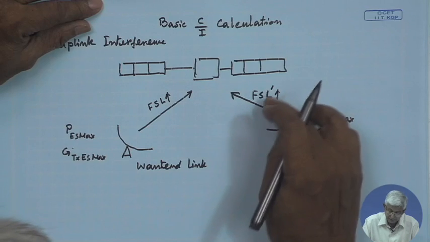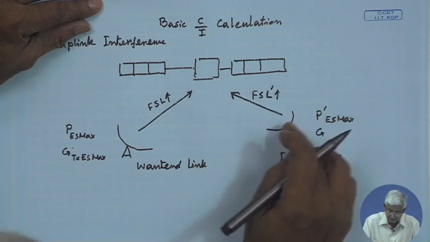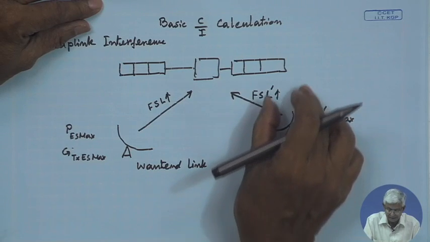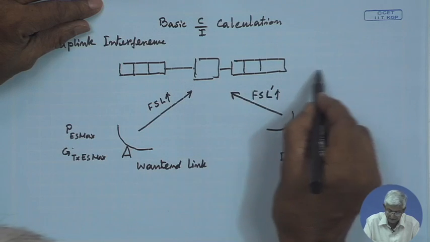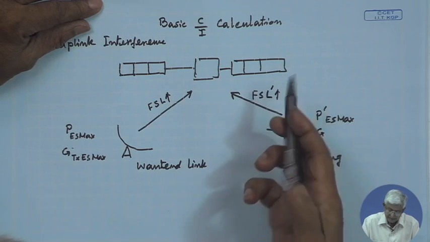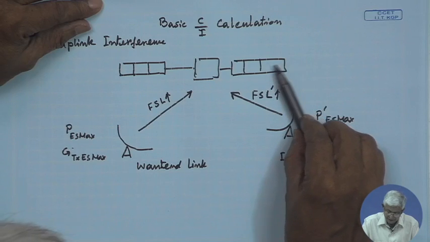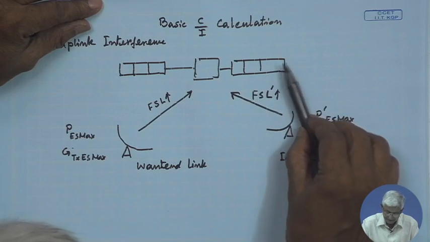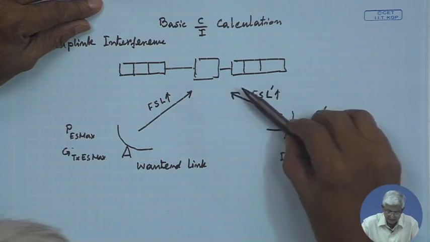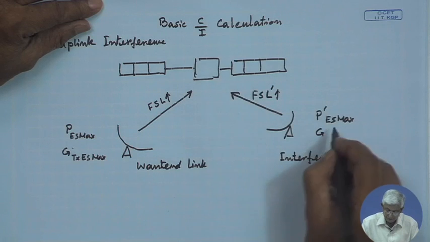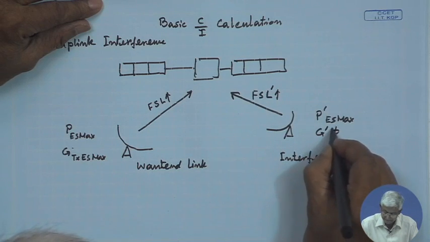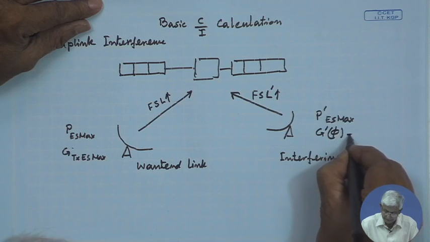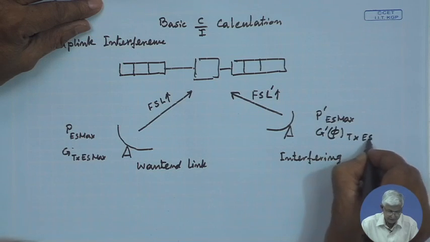Now, some of the gain is interfering. So, it is pointing to its own satellite of operation which may be nearby. A G phi of that gain at an angle phi is appearing as interference. So, we will call it G dash phi, because it is interfering at an angle phi at the transmit station.